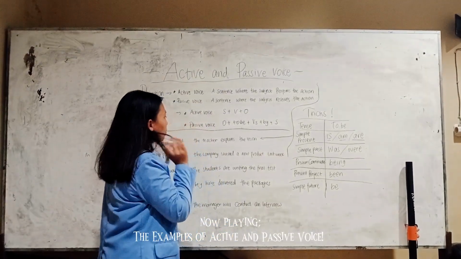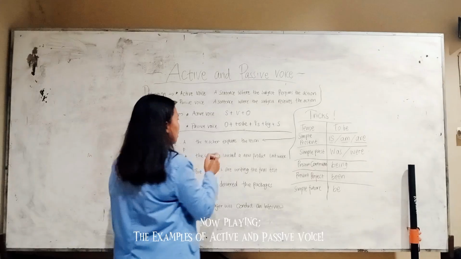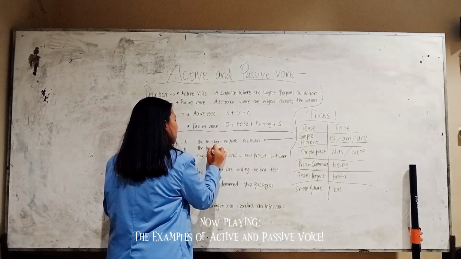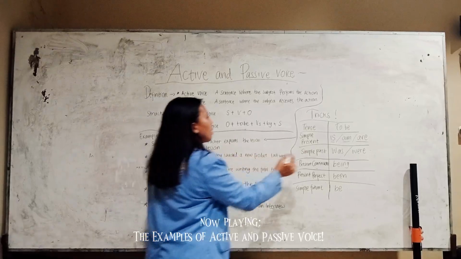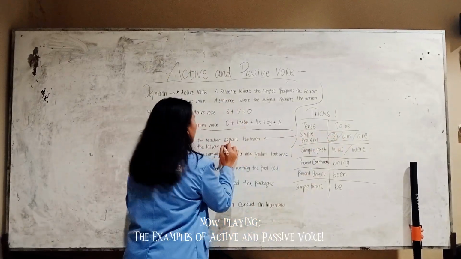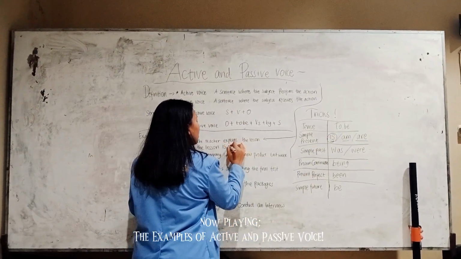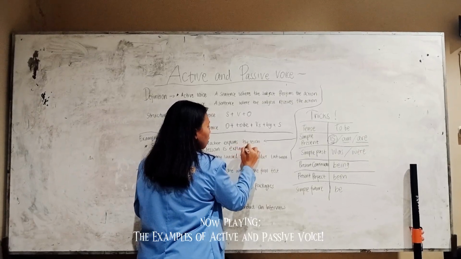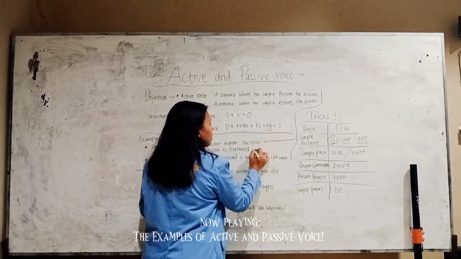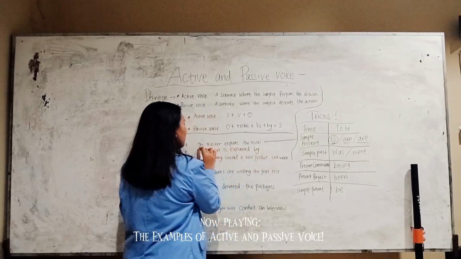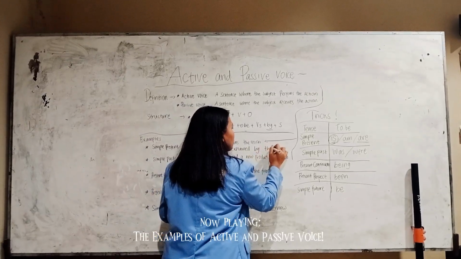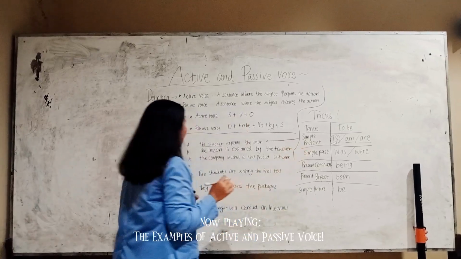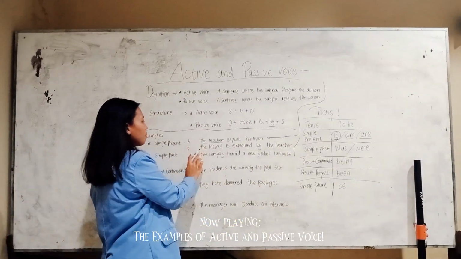So the passive voice is like this: the lesson is explained by the teacher. The teacher is the subject. Okay, this is the simple present.